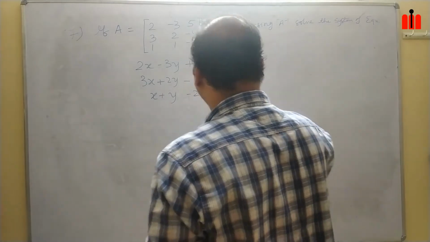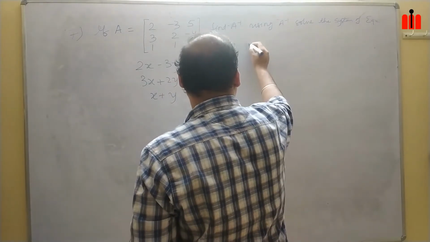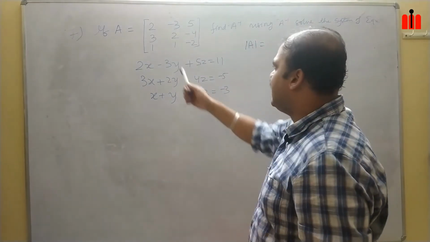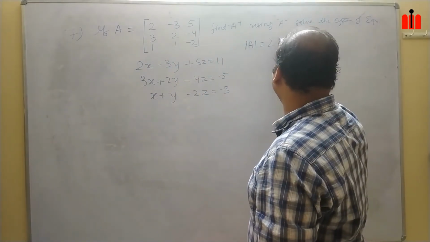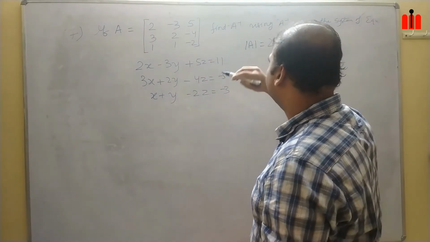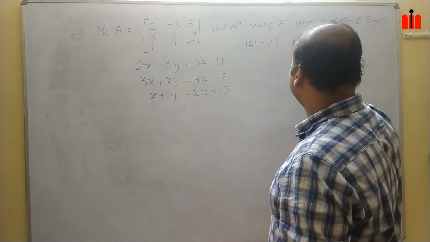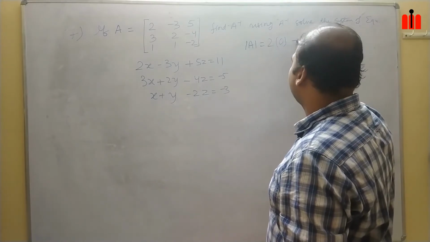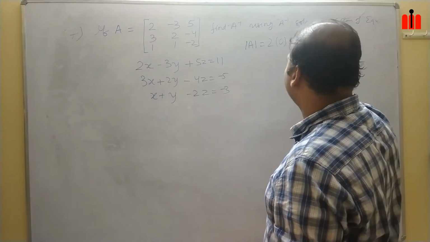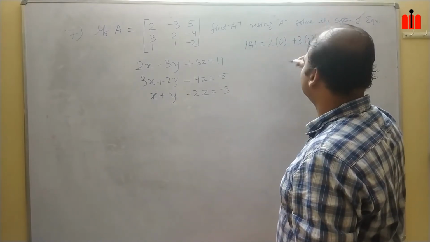So find A inverse. First we have to find the determinant of A. I will expand through the first row. It will be 2 into minus 4 plus 4, which is 0. Minus 3 into minus 6 plus 4, which is minus 2.